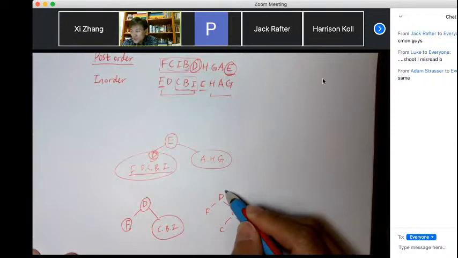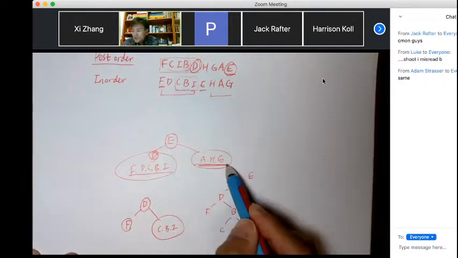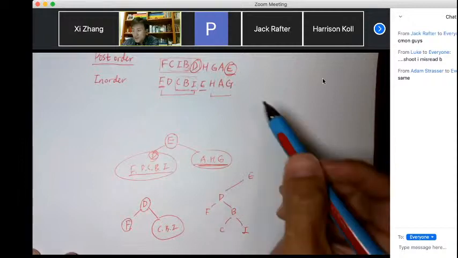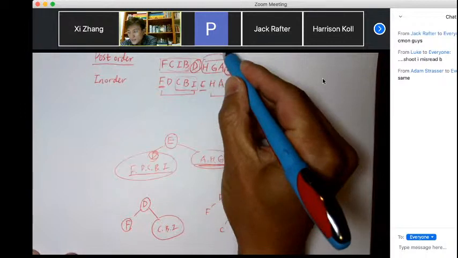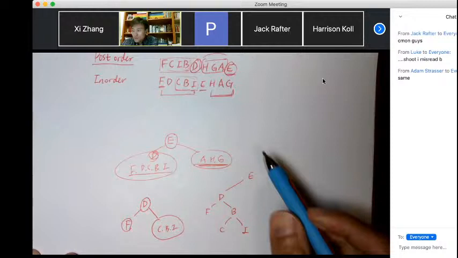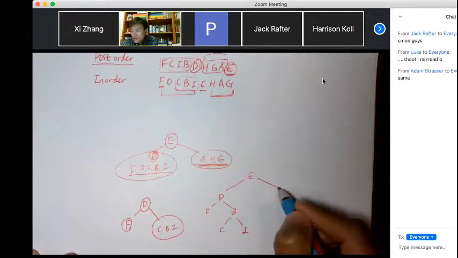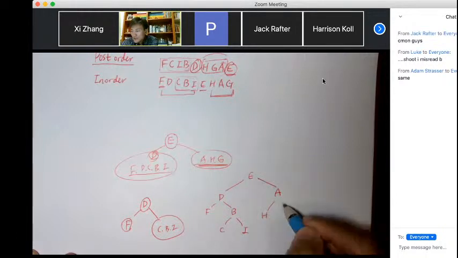And then we need to figure out A, H, G. So ignore everything except A, H, G. So the root of the tree is A because A was listed last in the post-order. And from this, we know H is the left subtree and G is the right subtree.